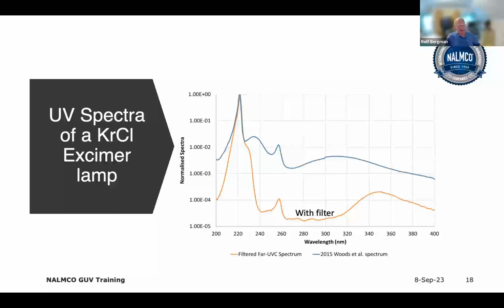I show here a spectra of a krypton chloride excimer lamp. Actually, the spectra is generated from the 4-lamp Ushio CARE 222 model. The blue line shows the now logarithmic spectra again. This time we don't put units on there, but it's normalized to 1. But you notice that there's a peak at 222, but then there is a little subsidiary excitation about 235 and at 259.